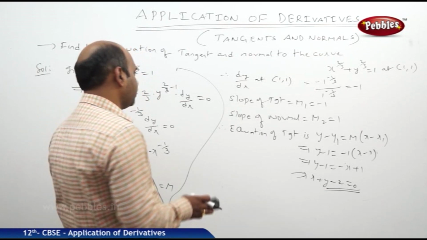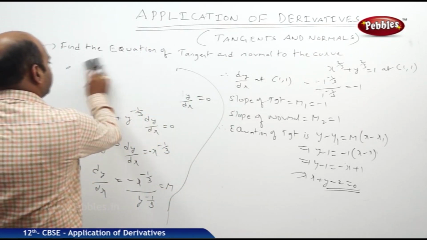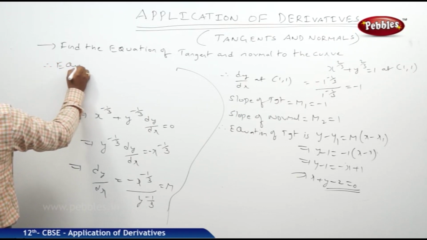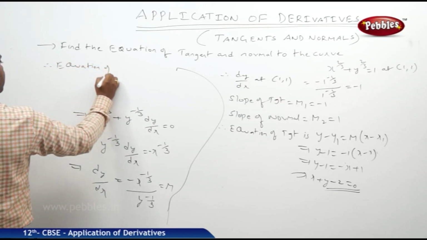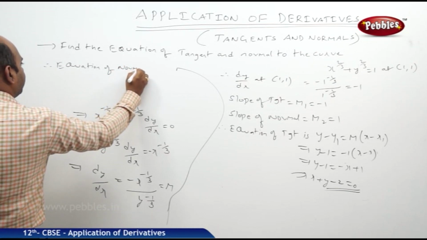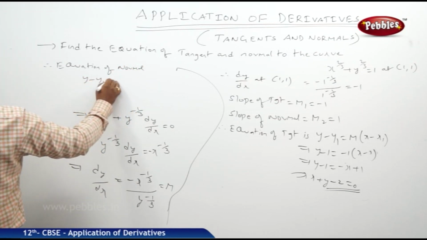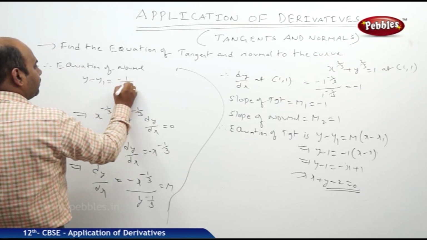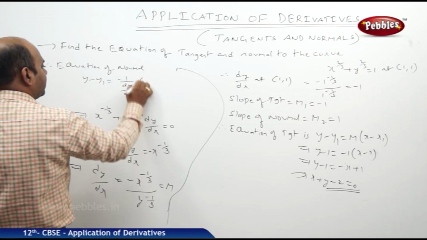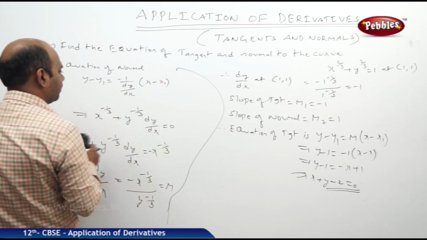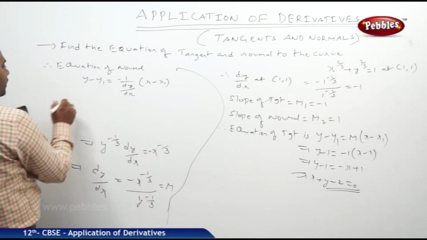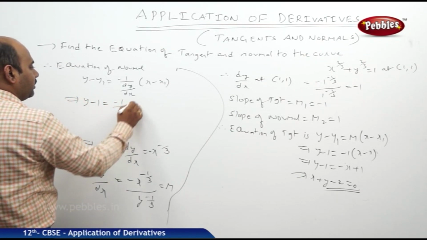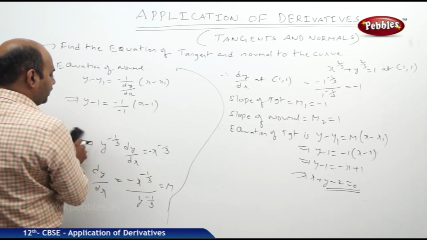How can I find the equation of normal? Here I apply the same formula. Therefore the equation of normal is y minus y1 is equal to minus 1 by dy by dx into x minus x1. So y minus 1 is equal to minus 1 by minus 1 into x minus 1.